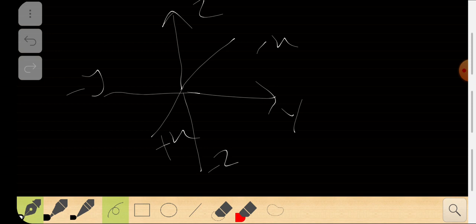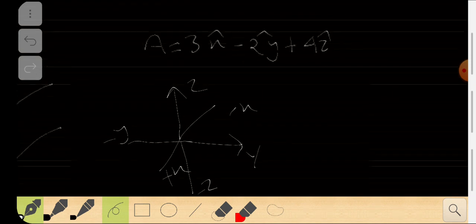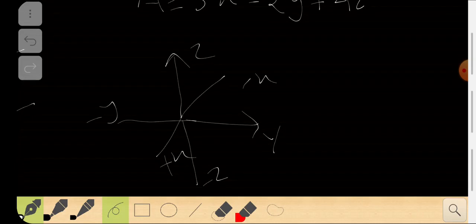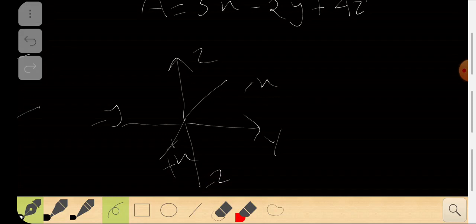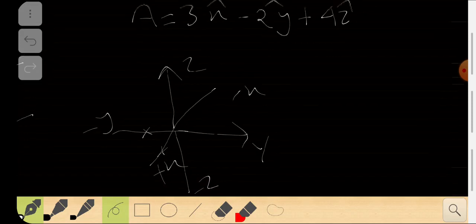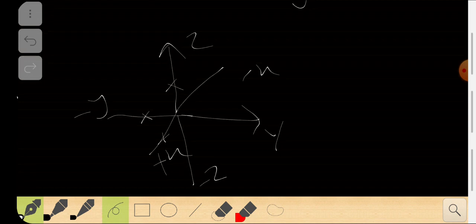Now the x-intercept here is 3, so it will be positive 3 here, and the y-intercept is minus 2, so it will go here. And z is plus 4, so it will go here. You can make a diagram like this.